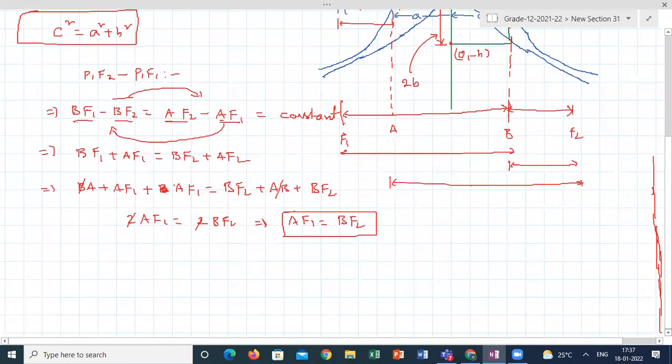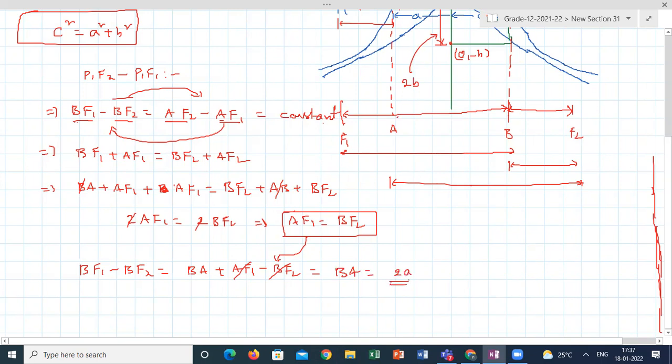With the help of this, BF1 minus BF2 is equal to BA plus AF1 minus BF2. From here, this cancels, giving BA. The value of BA is 2a.